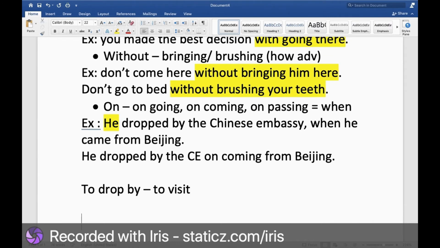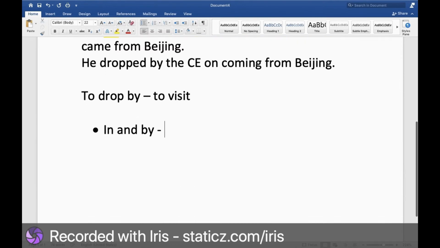Well, next one is in and by. These two are actually not used in front of an infinitive, but it looks pretty much the same. So from now on, I want you to use it. That's why I'm going to tell you this as well. If you use them in front of an infinitive, of course it becomes ing, like by visiting. It means ziyaret ederek.